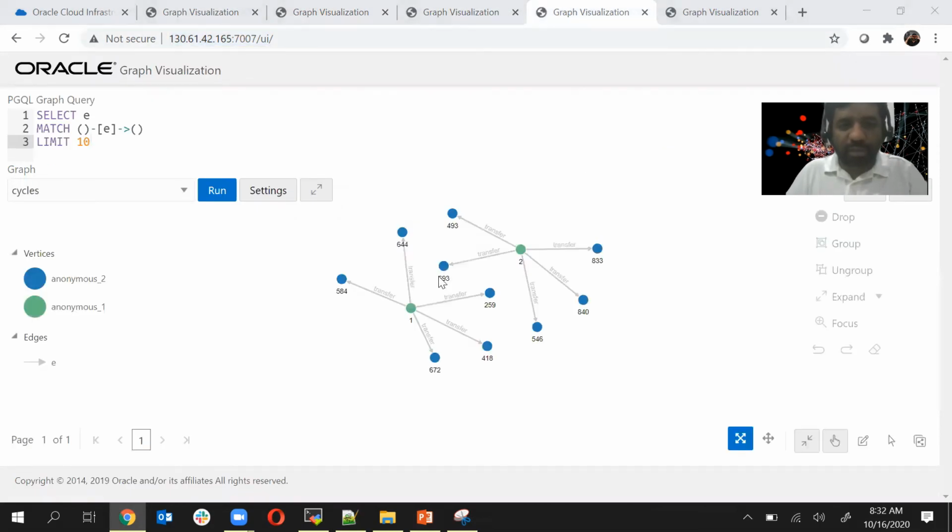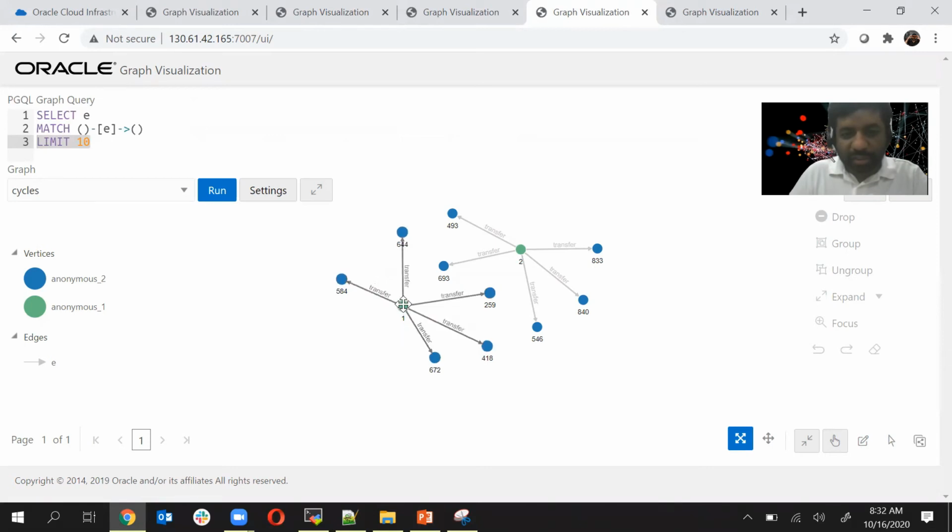All right, so let's take an example of financial cycles. We have this graph called cycles loaded into memory. So I'm writing a PGQL query here. This PGQL query lists the number of transactions between different people, limiting to 10. It fetches the first 10 transactions from the in-memory database.